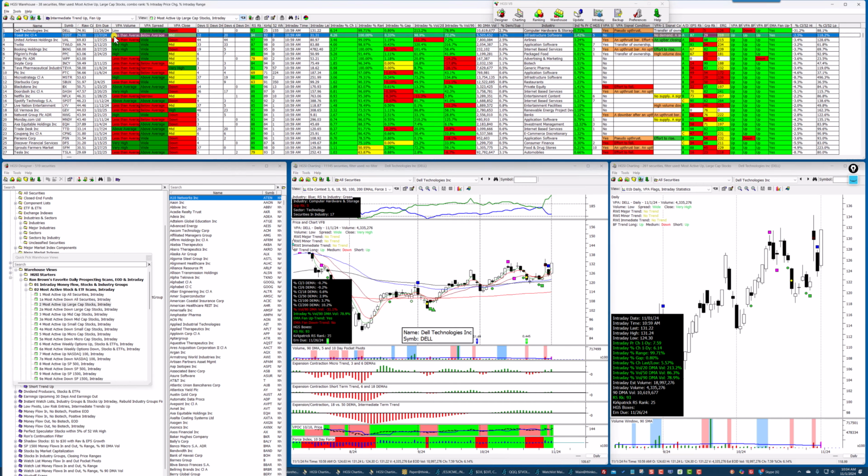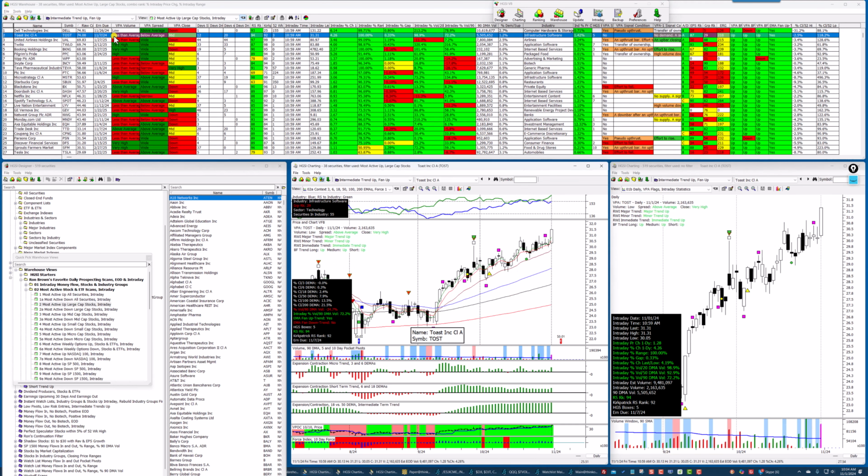Now let's go through some of these. Take a look at Toast, the next one. Now this is a much better example of a stock that is really trending. So I'm in intermediate trend, fan up. You're going to find the strongest stocks in here because everything's positive.